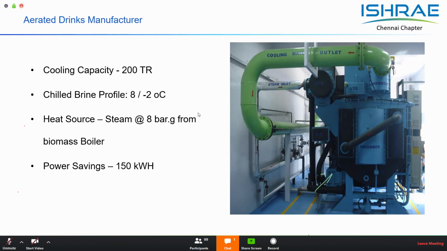In this particular case, it uses steam from a biomass boiler. The steam is available at low cost, and it is able to generate brine at -2 degrees Celsius. Thereby, there is a savings of approximately 150 kilowatts of power. So there's a huge saving for a sizable aerated drink company.